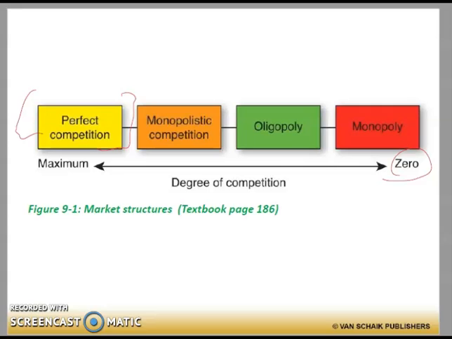As we move from perfect competition to monopoly, the degree of competition declines from maximum to 0. This means that at maximum, the degree of competition is very high, meaning that the market is very competitive, while at the other end, there is no competition at all. What we're trying to emphasize is that all firms fit somewhere along this continuous sequence.